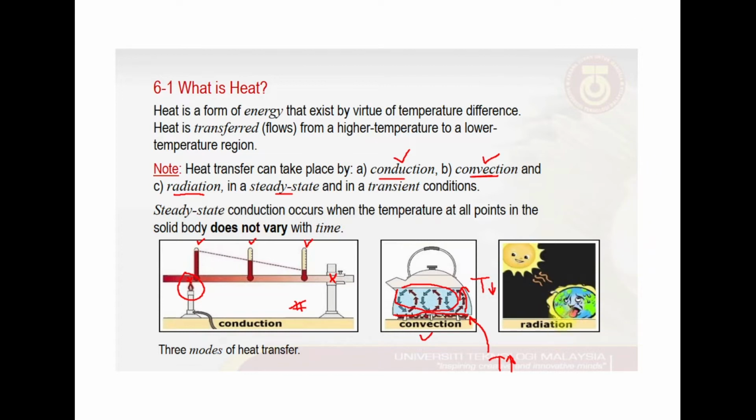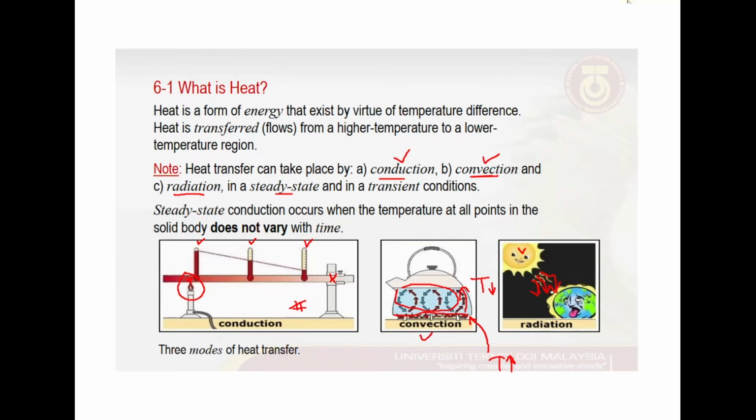For example, our Earth is thousands of kilometers apart from the sun, but the sun is the source of heat that somehow transfers this heat.